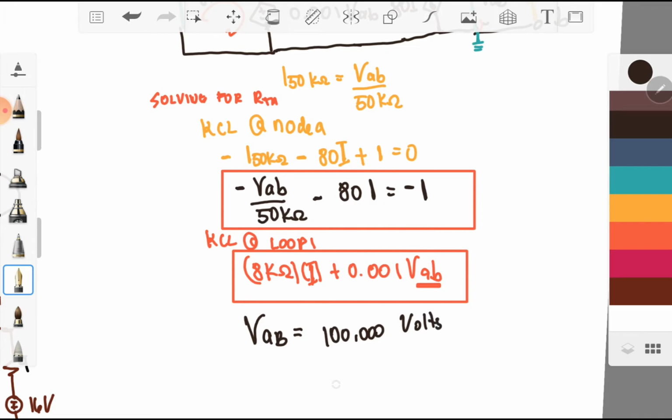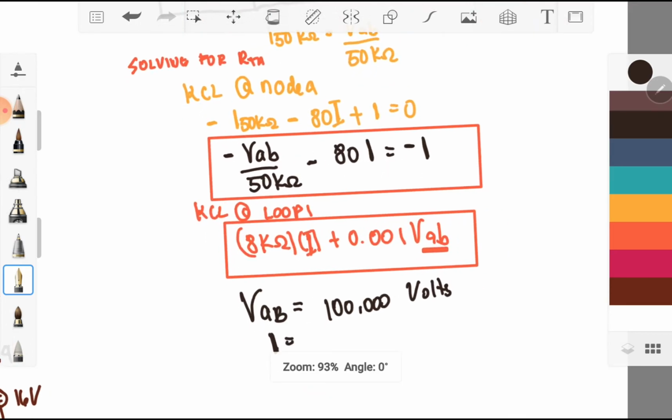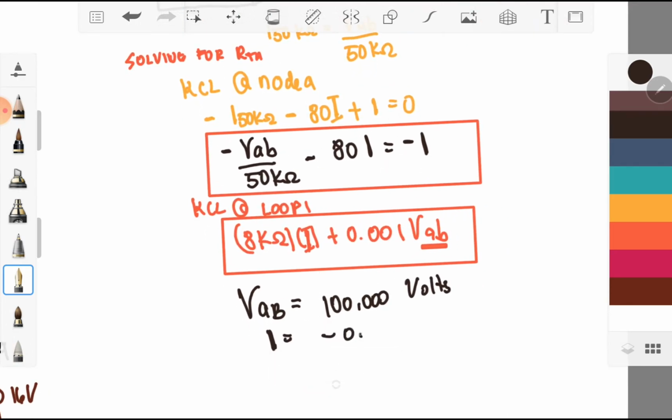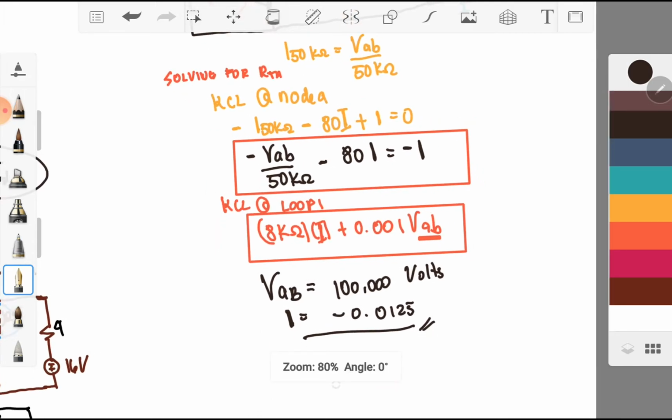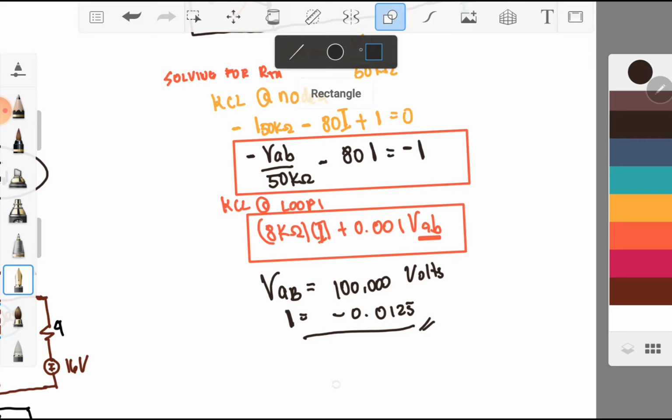And then your I, syempre hindi na yan kailangan, which is equal to negative 0.0125. Okay?